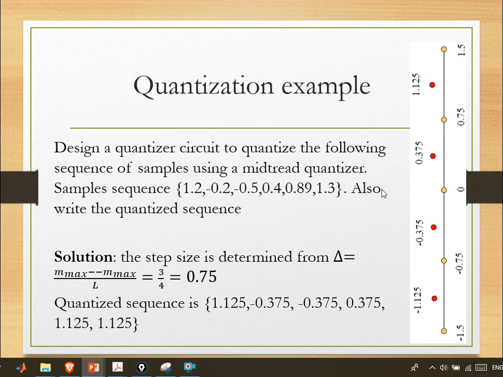Since you have mid-rise, from the zero level you go above the zero by delta over 2, which is 0.375, and below zero also 0.375, so that the distance from here to here becomes equal to delta, which is 0.75.